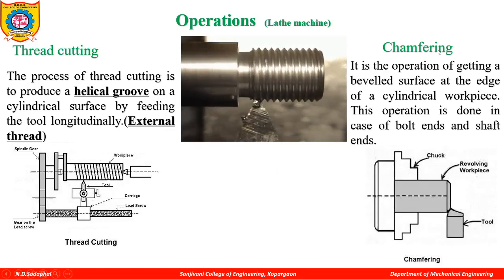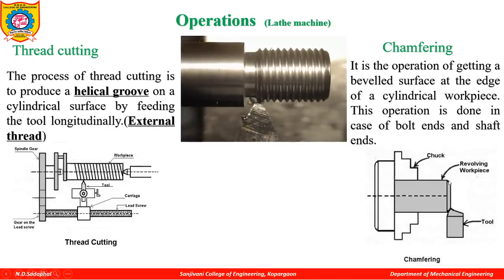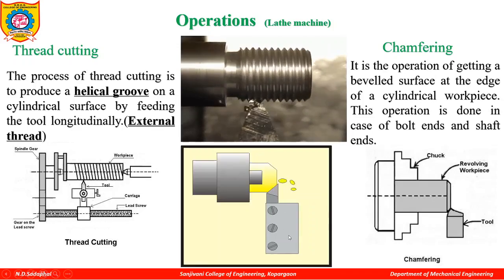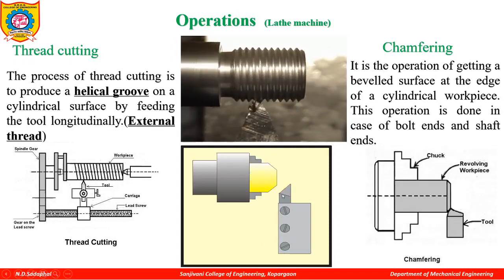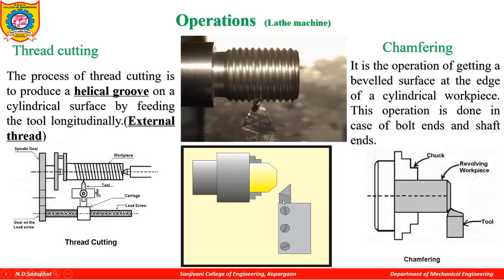Then next is chamfering. Chamfering is an operation of getting a bevel shaped surface or sharp edges are removed from the workpiece. You can see here, initially sharp edges are there. A cutting tool is used to cut these sharp surfaces, so that there will not be any injury due to the sharp edges.